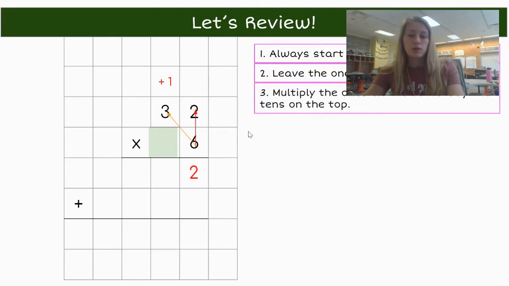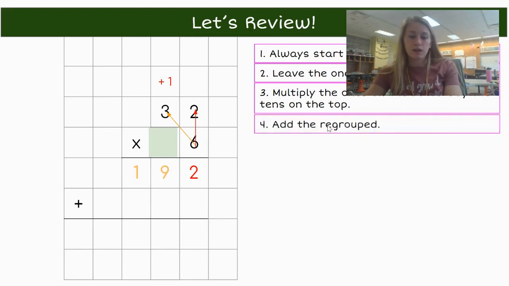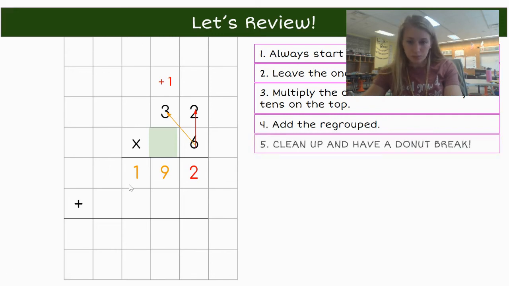Then we multiply the ones on top by the tens on the bottom. So our 6 has to hit each part, the ones, then the tens. 6 times 3 gives me 18 plus the 1 is 19. I drop the 19. So our total is 192.